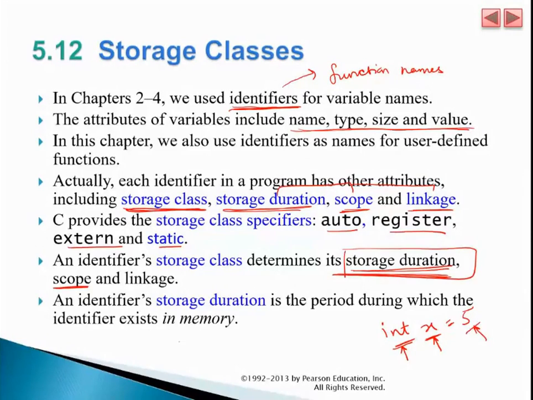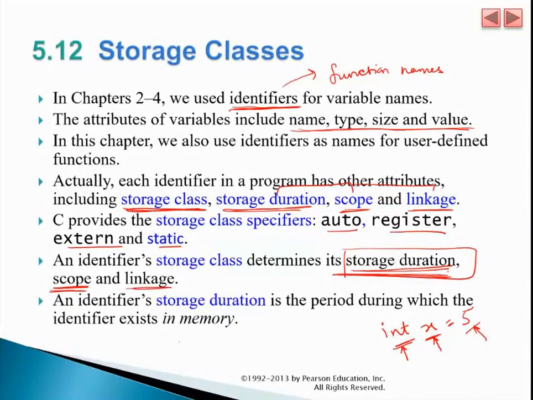If you use a variable out of its scope, then the compiler will say, I don't know this variable, this variable is not known or not defined, or something like that error you will get. So storage duration means how long the variable stays in the memory, and scope means where we can use that variable.